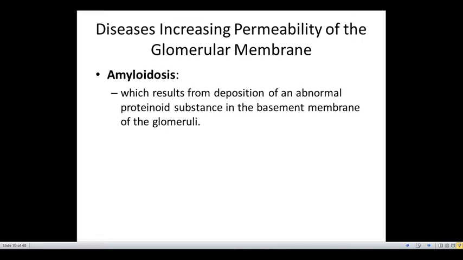Number two is amyloidosis, which is a systemic disease, can be localized also, which results from deposition of an abnormal proteinoid substance in the basement membranes of the glomeruli.